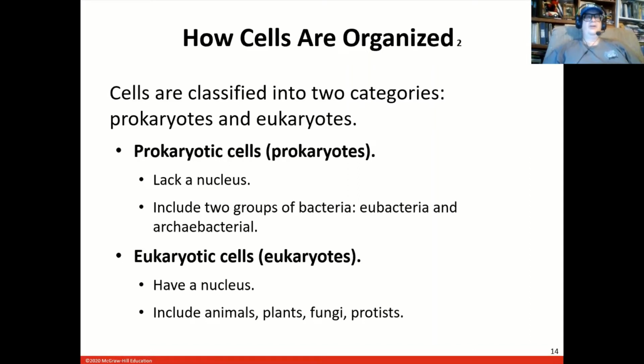Now, eukaryotes, things that have a nucleus, that's animals, plants, and fungi. Those are all going to be real familiar to you. The protists might be weird. Protista is a big grab bag that they threw a bunch of stuff in.